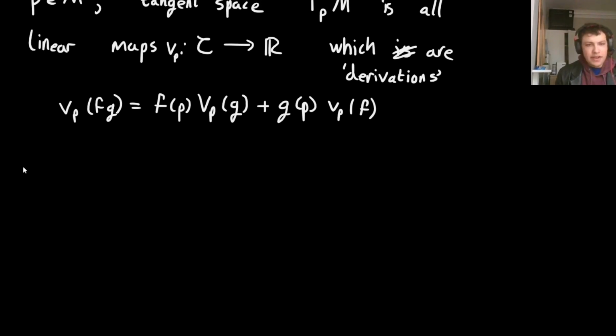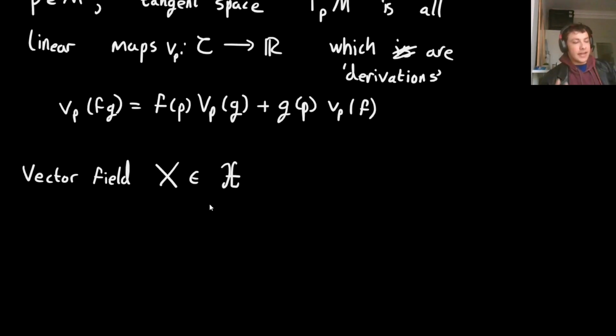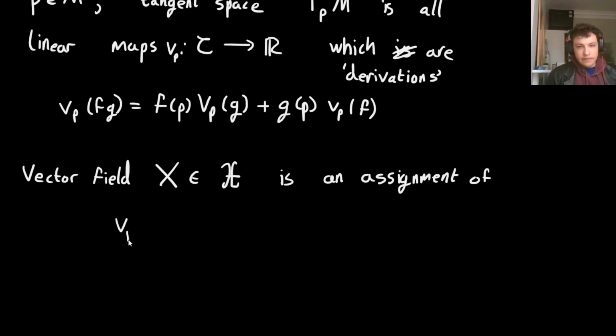And so we can also have a vector field. X belonging to the space of all vector fields, which we're going to call fraktur X, is basically an assignment of V_P.